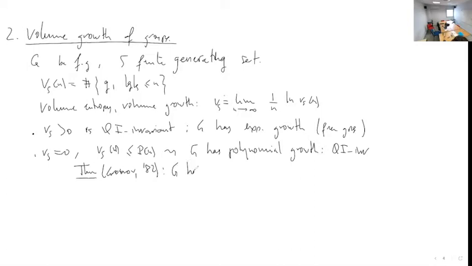So G has polynomial growth if and only if G admits a finite index nilpotent subgroup.